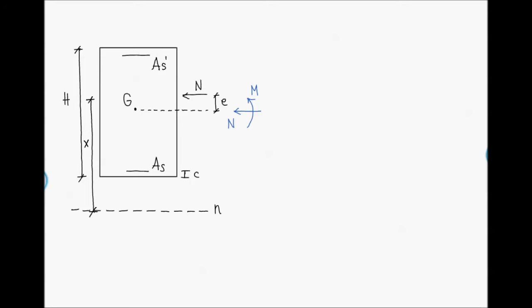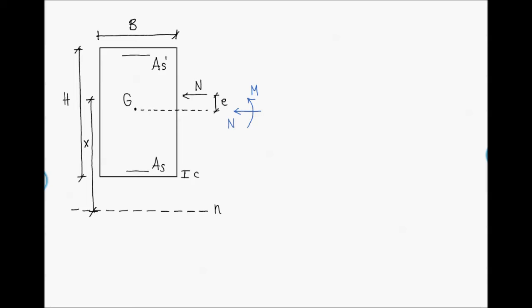H and B are the cross-section dimensions. C is the concrete cover, AS is the steel in tension, AS prime is the steel in compression. We are considering symmetric reinforcements.